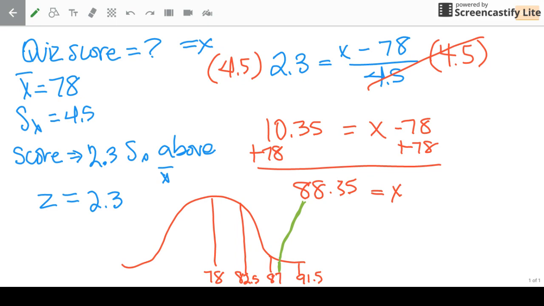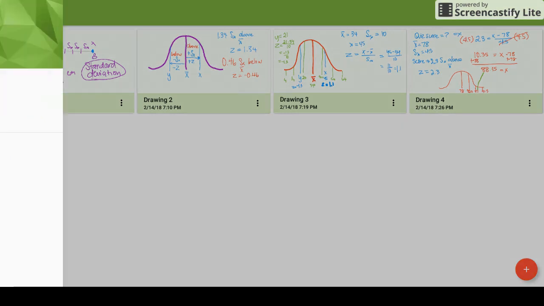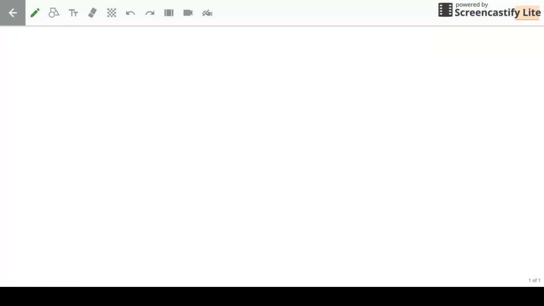All right, let me switch screens and do another one real quick for you. Okay, so let's say this time we know our score is 78, and our standard deviation is 5.